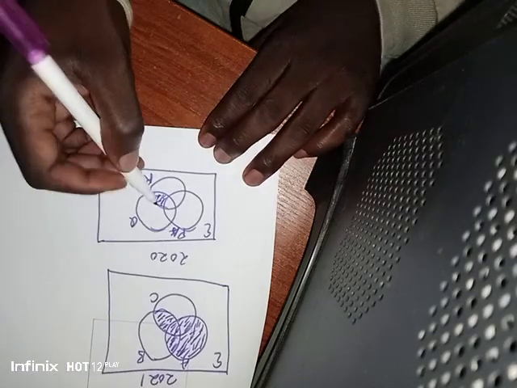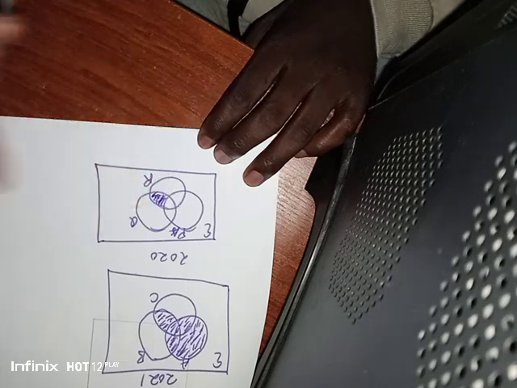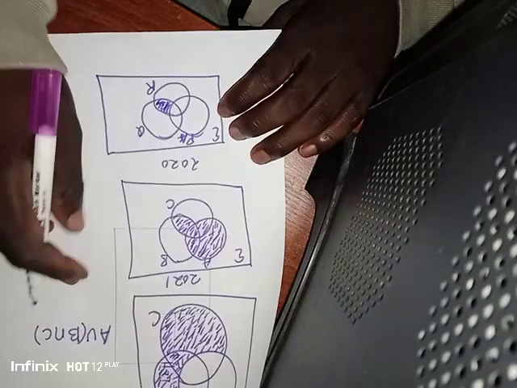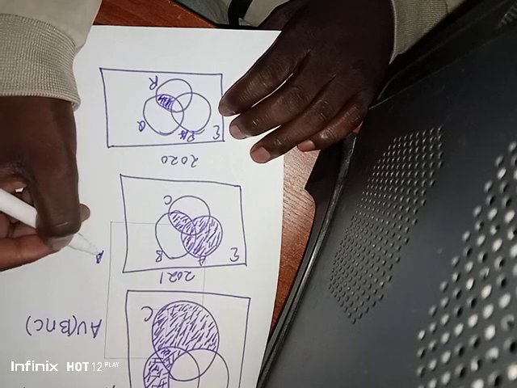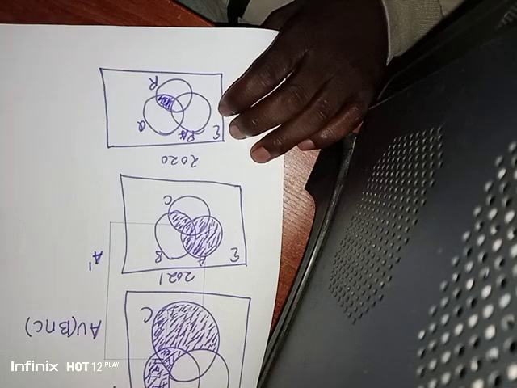Very interesting. You are only interested in this part, and everything else you are removing. So what we are going to do is I'm going to say A complement. It's not there. Now, what is going to follow?